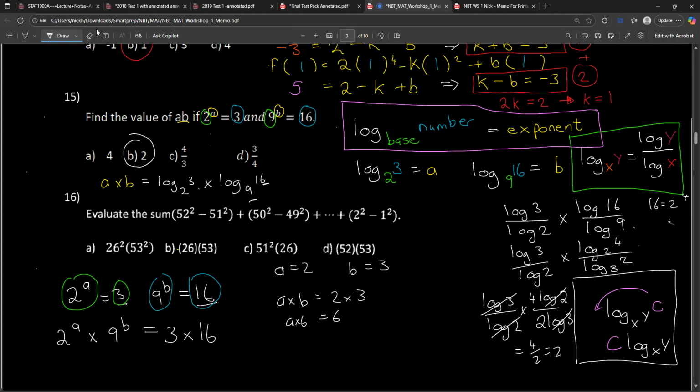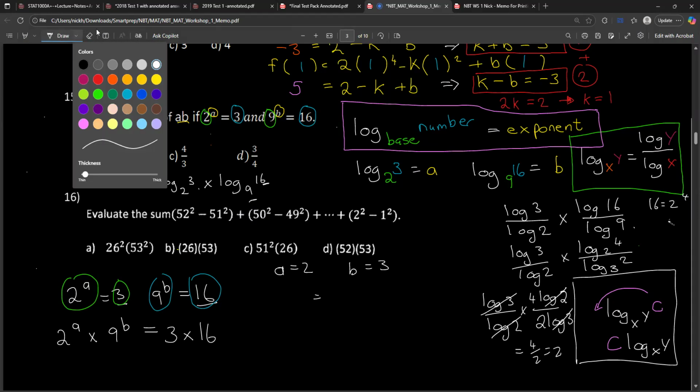So what you're going to say is then 2 to the a times 9 to the b is equal to 3 times 16. Now what?